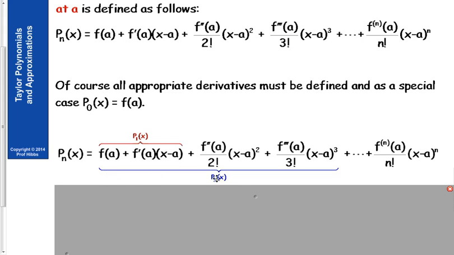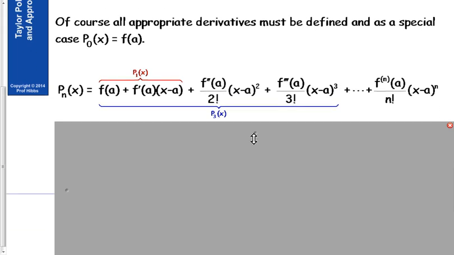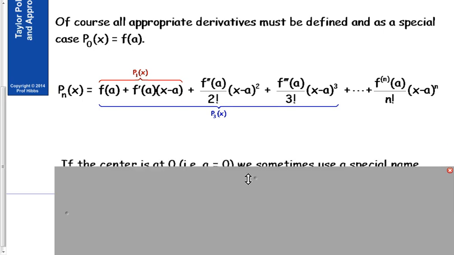If we're looking at p sub 3, when we add up all the values until we get to 3, that's the third derivative, 3 factorial, and a power of 3 on the binomial. So we see that pattern.